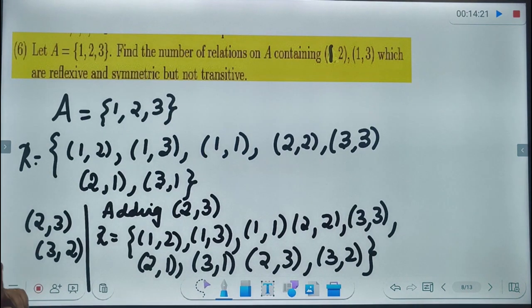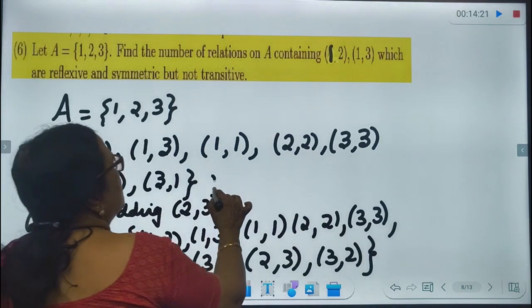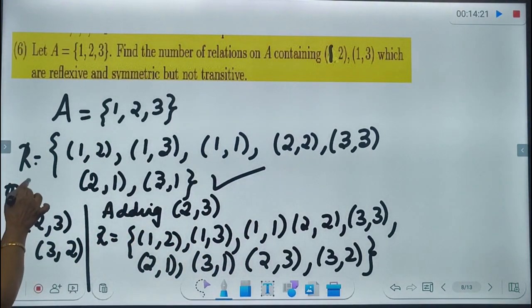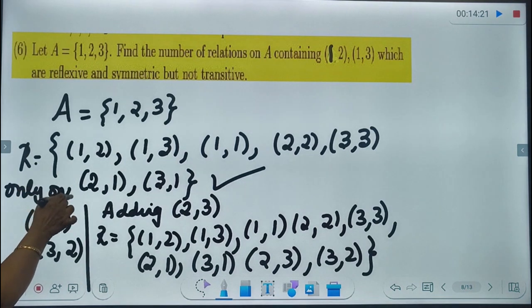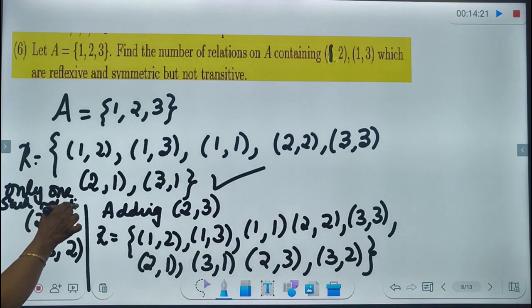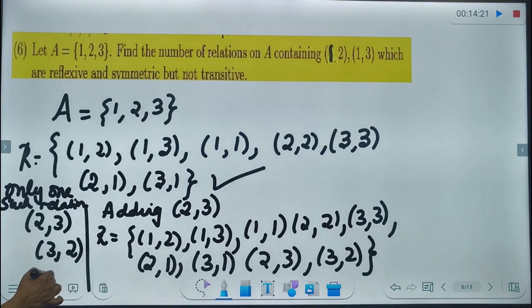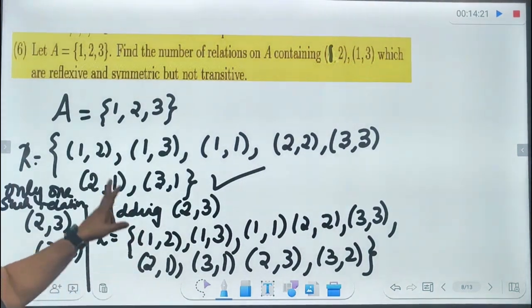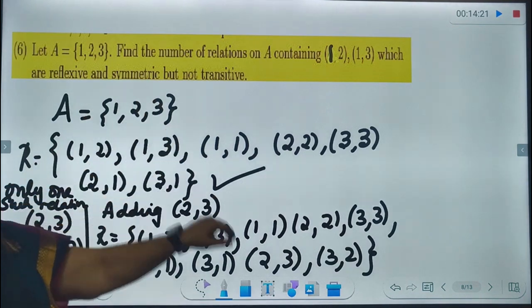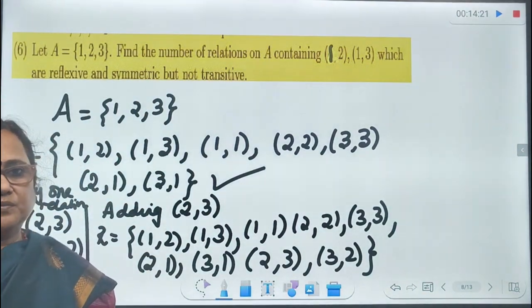So, this is the only possibility. So, there is only one such relation. Because these two are left out, if I add one, automatically I add the other because it has to be symmetric, which will make it transitive also. So, this is the only set which satisfies the condition reflexive and symmetric, but not transitive.